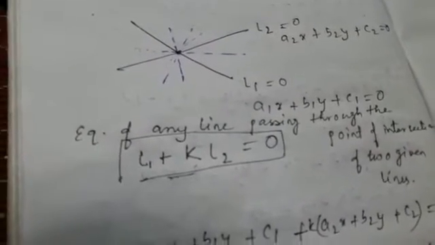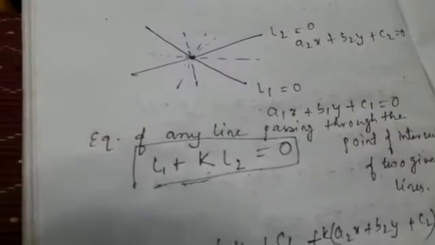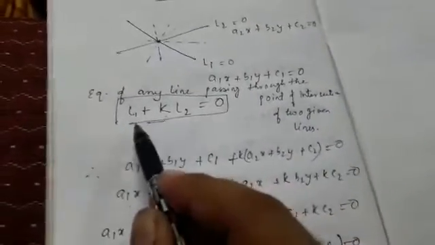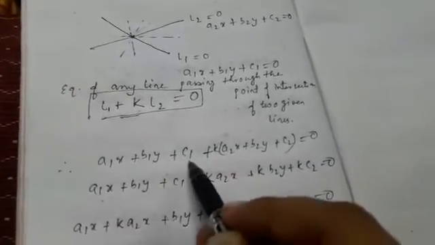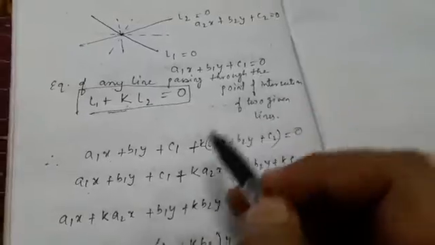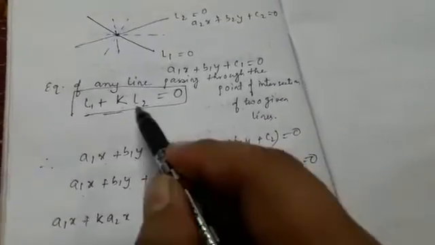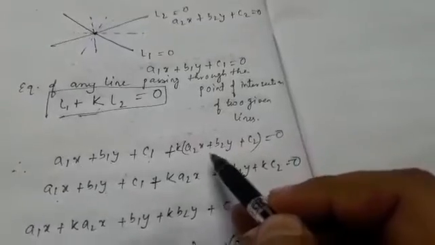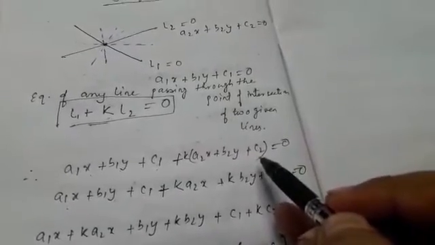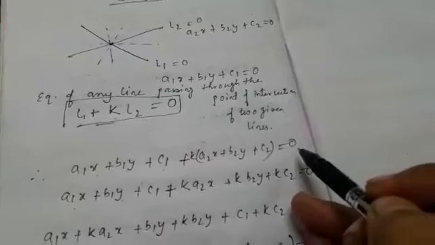So remember this formula. This is the equation of line passing through the point of intersection of the two given lines. Clear? Now see, according to the formula, what is our L1? L1 is a1x plus b1y plus c1, we have assumed that, plus k of L2. What is L2? L2 is a2x plus b2y plus c2 is equal to 0.